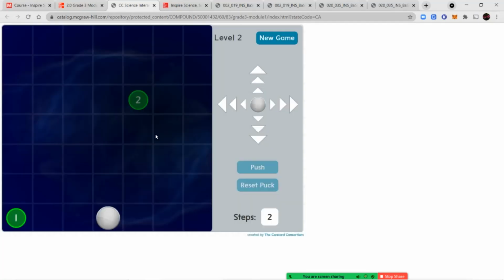So the idea is to try and get it. So we hit our first target. We want to try and hit our second target. So we're going to apply forward motion first and see if maybe we can nudge it a little bit in the opposite direction to get it to go where we want.